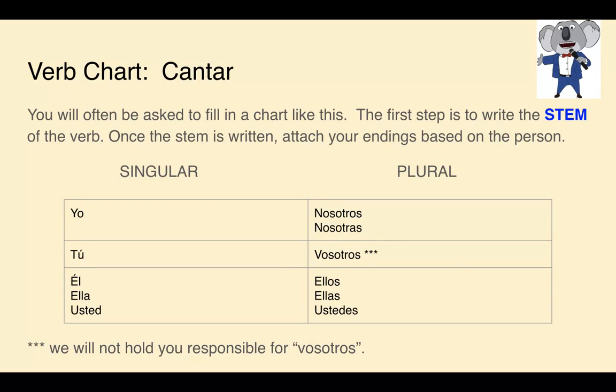So we have the verb chart. Okay? And you are going to need to write in the stem and your endings for the verb cantar. So take a moment. You can pause the video if you need to. Fill in your stems for the verb cantar, which remember means to sing.